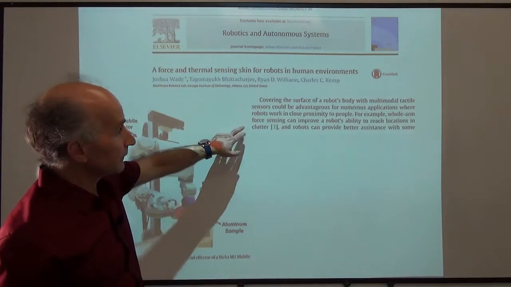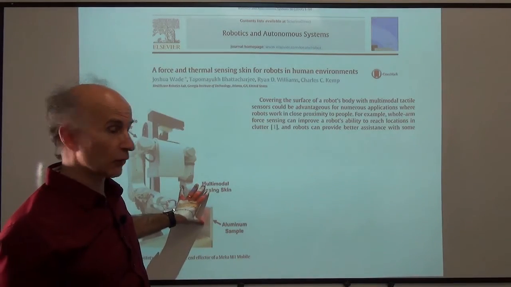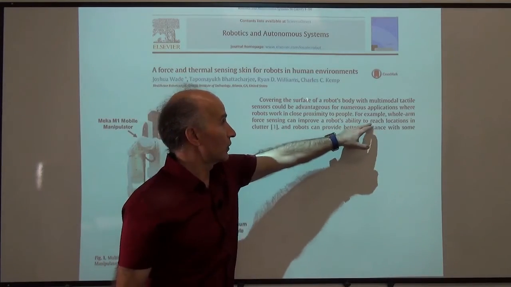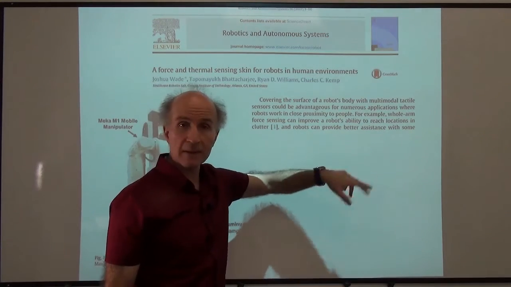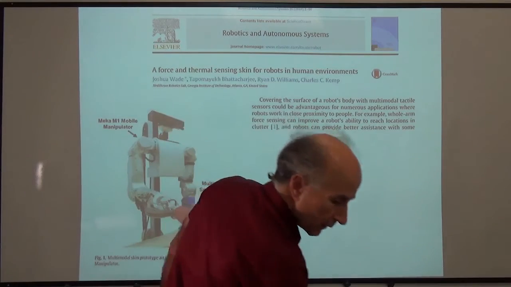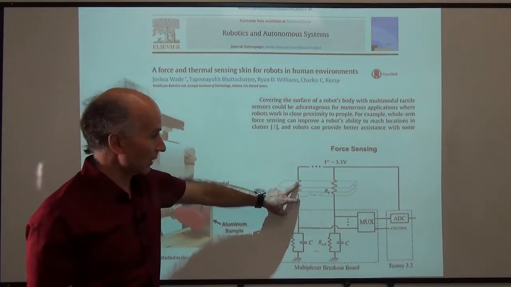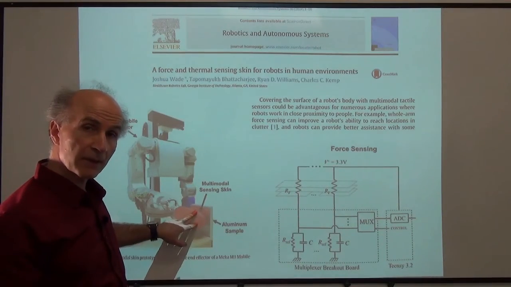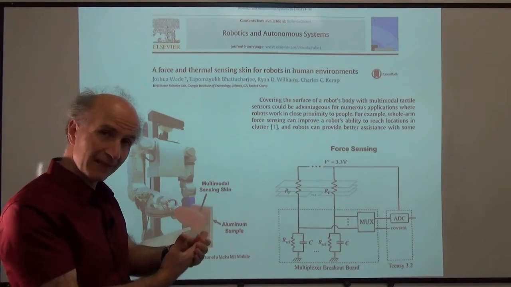So here they talk about the applications of having a skin for robots. They say we can improve robots' ability to reach locations in clutter, or robots can provide better assistance with some other systems and so on. And the resistors that change value with the pressure are like this. So we have a resistor here inside this sensor, and the value changes depending on the pressure that the sensor senses.